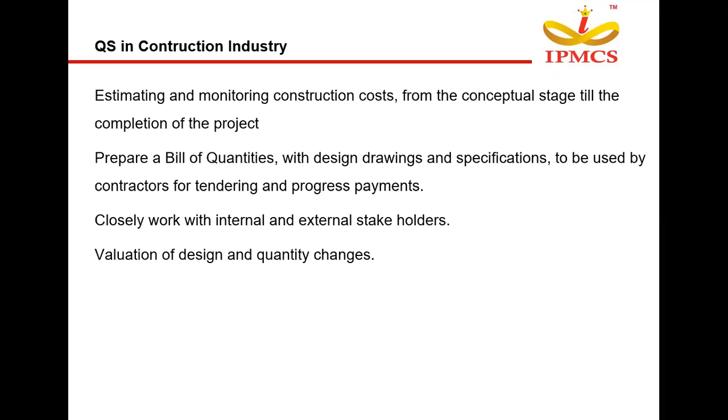Say if it is a construction of residential projects, we have to look upon the local residents or the people who reside in the locality. They are called external stakeholders. So these people are not directly associated with the project, but still their presence can make a negative impact also. That is why they are also called stakeholders, and they come under the category of external stakeholders.